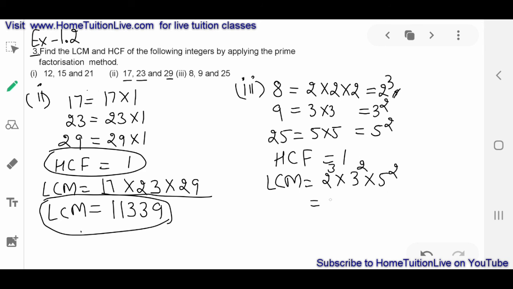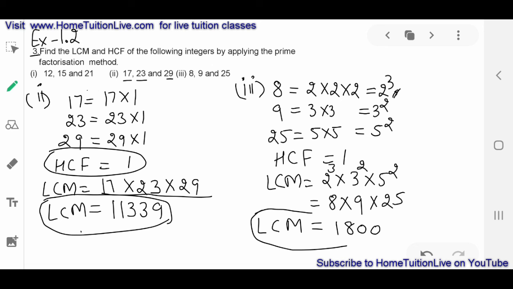Now we will solve this: 8 multiply 9 multiply 25, and when we multiply this we get 1800. So this is the LCM and 1 is the HCF for this question.